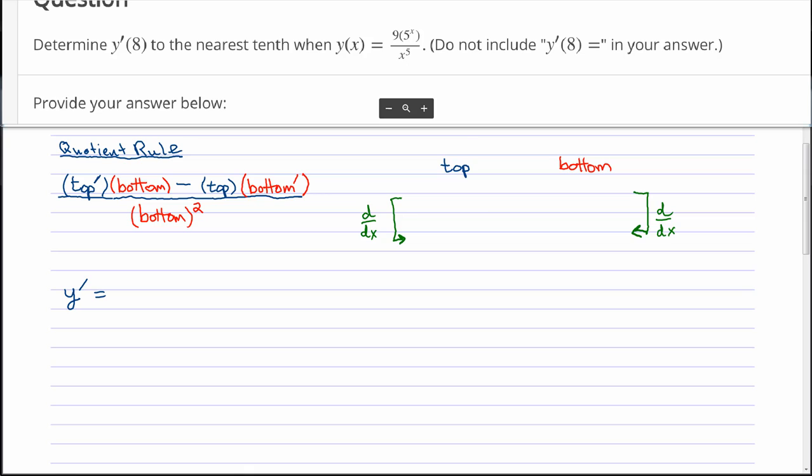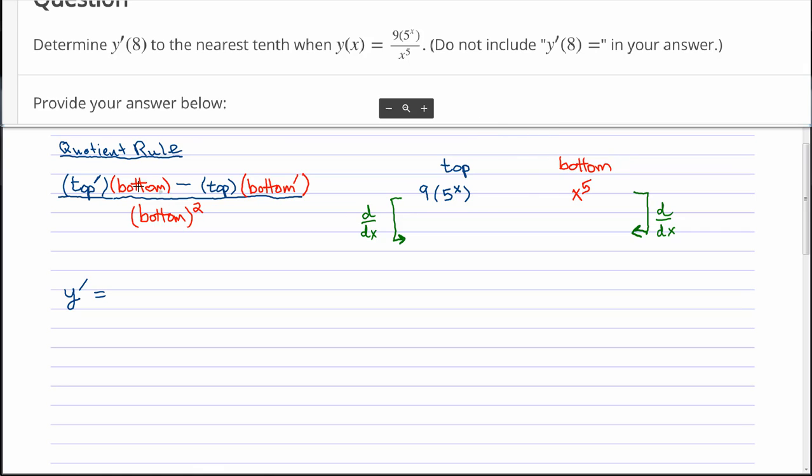Now I just need to look at my function and identify the top function and the bottom function. Looking at that function, I can see that 9 times 5 to the x is the top function, and x to the 5th is the bottom function.